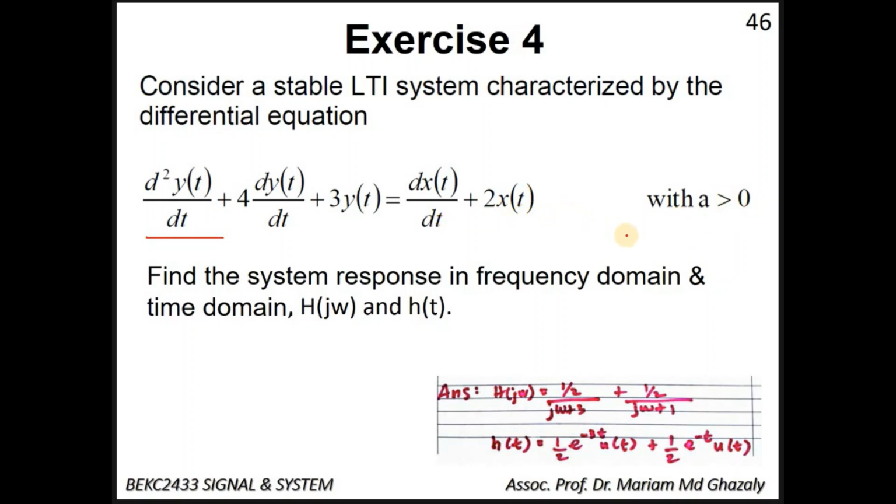The question asks you to find the system response H(jω) in the frequency domain and h(t) in the time domain. Try to use the differential equation and the Fourier transform table. I give you the final answer here, so try it out. In this exercise you need to do partial fractions to get the answer for H(jω) and h(t).